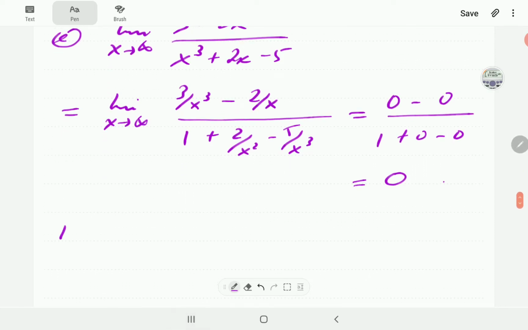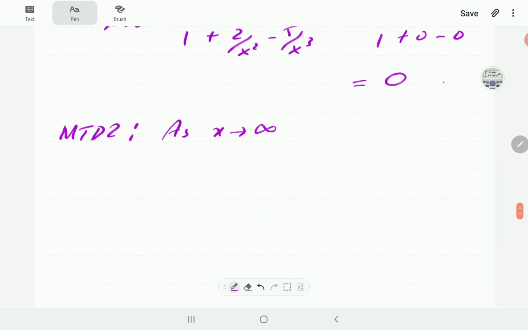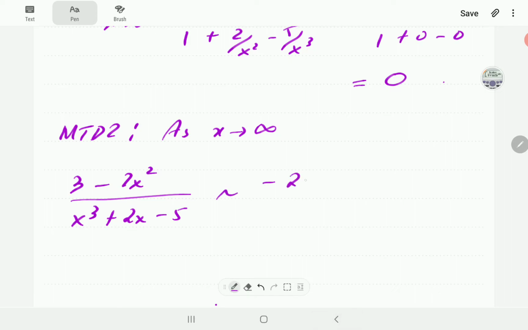Okay, using method 2, as x becomes bigger and bigger, our rational expression 3 minus 2x squared over x cubed plus 2x minus 5 is going to be dominated by, in the numerator, negative 2x squared, in the denominator, x cubed. Simplifying this gives us negative 2 over x.